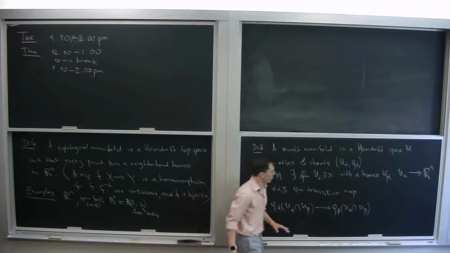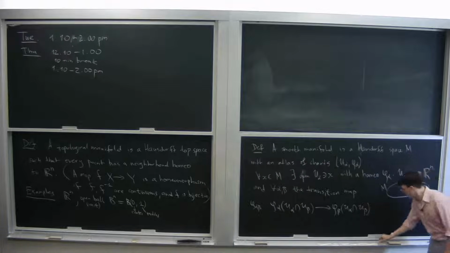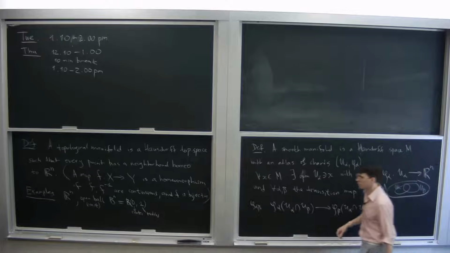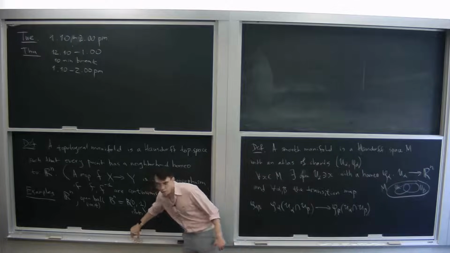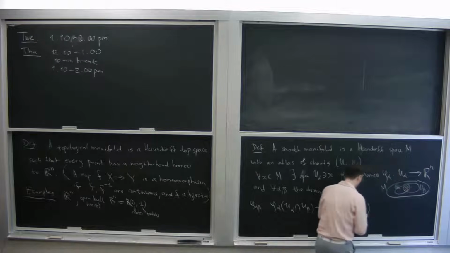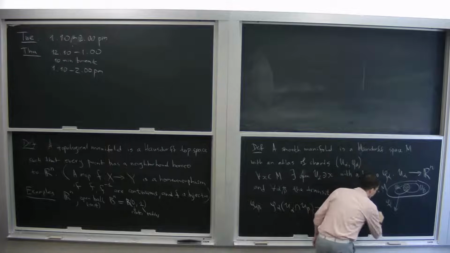Let me write it here. Imagine we have such a picture: this is our M, and we have two intersecting sets U alpha and U beta. This is their intersection.